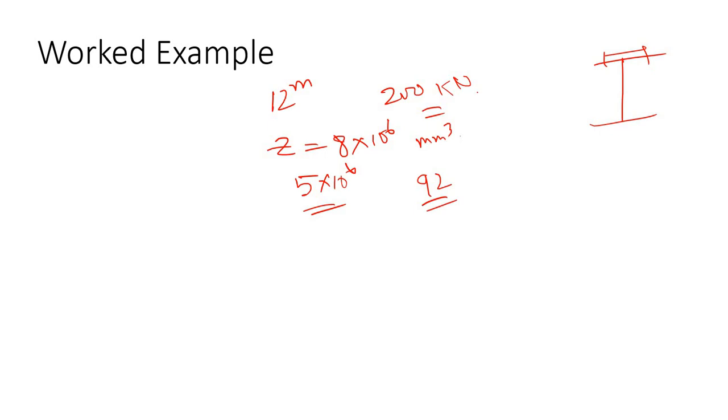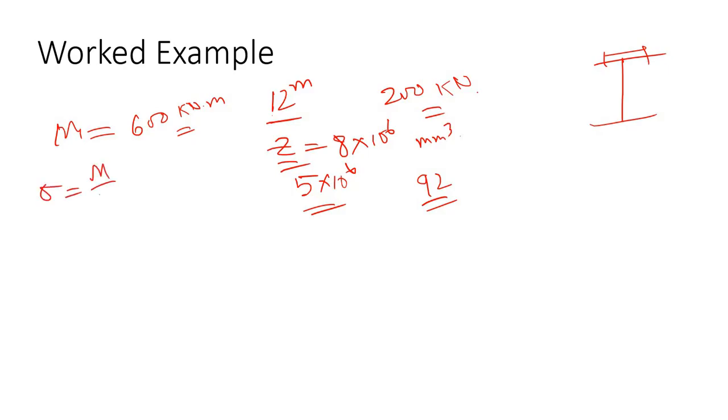So based on the loading and span, you will get the moment, right? So the maximum moment during loading will be 600 kilonewton meter, and once you divide this moment with the section modulus, you will get stress, right?